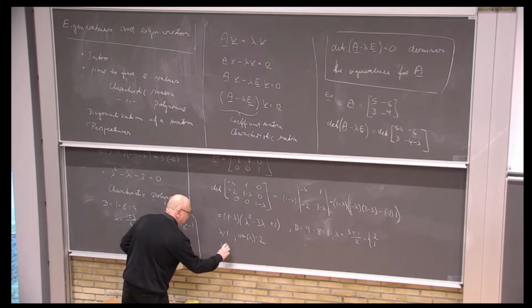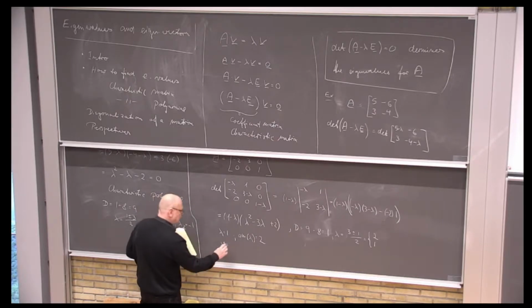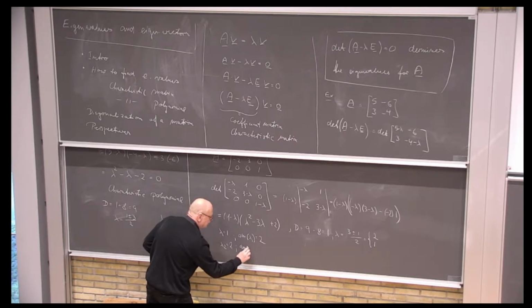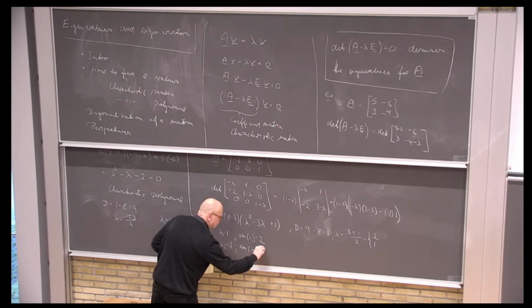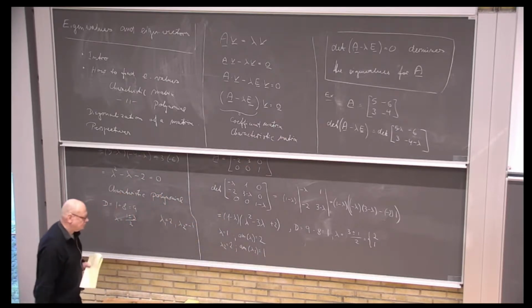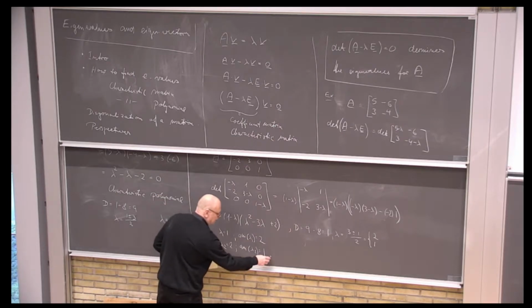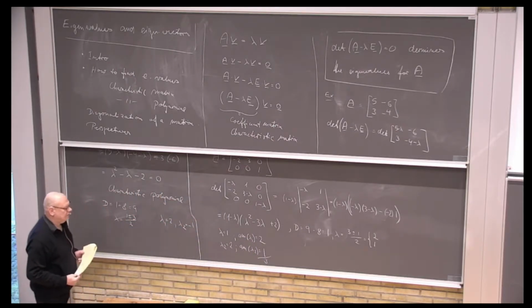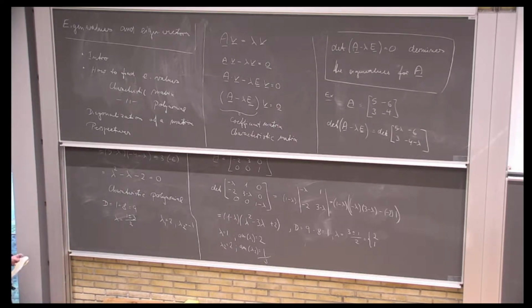Then you have lambda 2 is equal to 2, and here you have the algebraic multiplicity is equal to 1. And if you add them up, they add up to 3, which is also the dimension of your system.